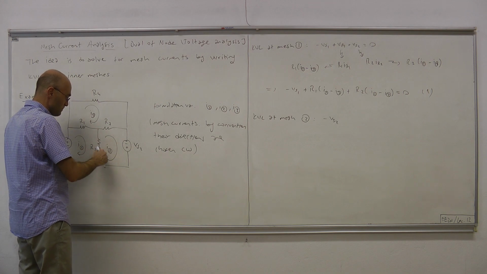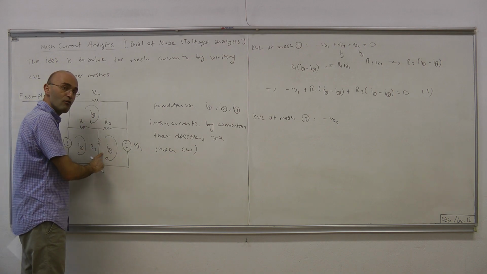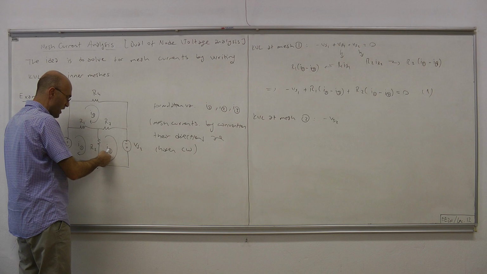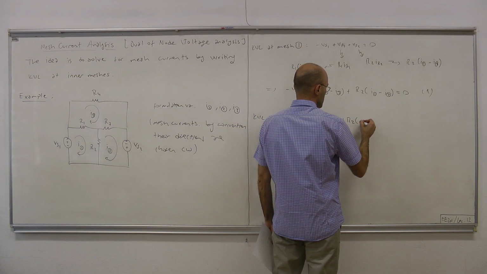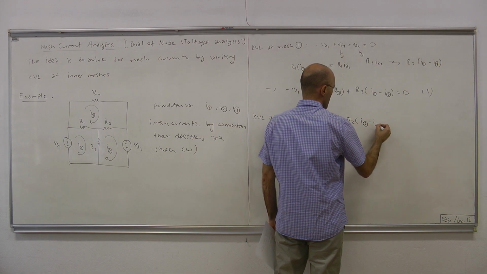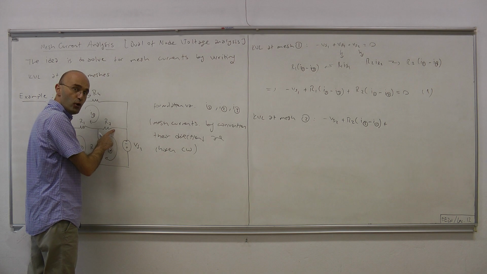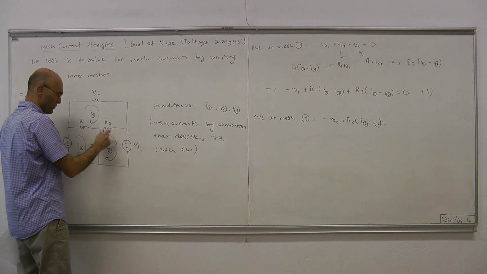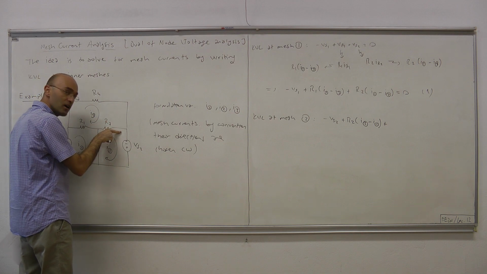And this current is, since it's in the same direction with the second mesh current and opposite with the first mesh current, simply I2 minus I1. Therefore, R2 times I2 minus I1. And finally, this is the third and last component in this mesh. The voltage plus minus is R3 times this current.